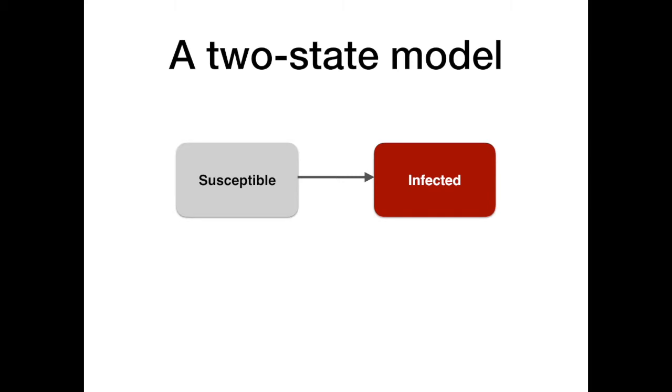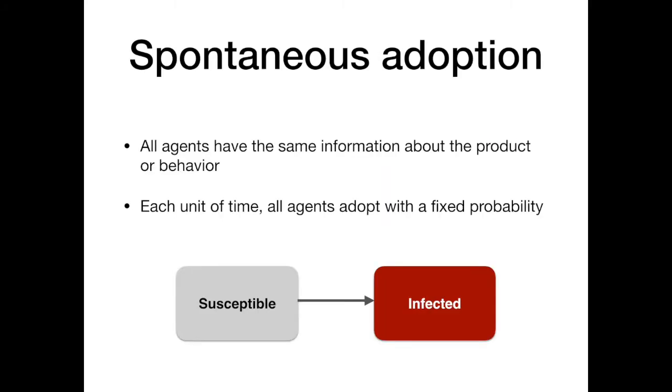So how do agents decide whether or not to adopt something? One kind of assumption we can make is that all agents have the same information about the product or behavior and make independent decisions about whether to adopt. So let's start out with the most simple model, in that all agents are the same.